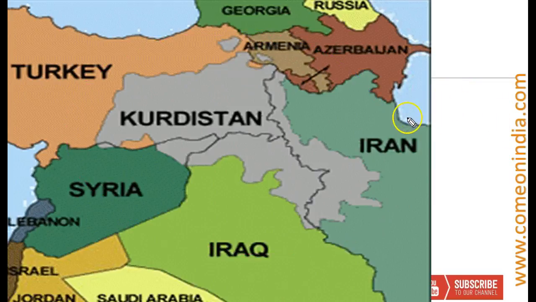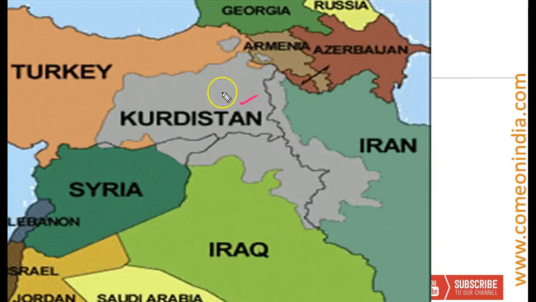Kurd people are indigenous people in the Mesopotamian plains. In world history, you might have studied the term Mesopotamia, and there is no need to go back into the history. Now let's discuss only the current issues.